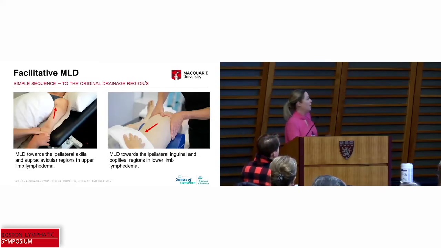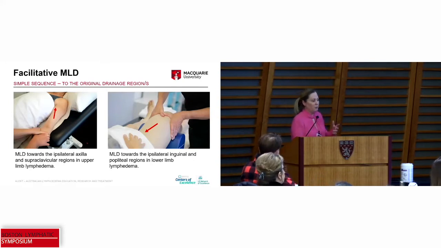Okay, so just at a high level, and I've alluded to this in my presentation, we do have two sequences for both the arm and the leg, one draining to the original regions, and then our complex, which drains to the compensatory regions. Let me talk about the leg.